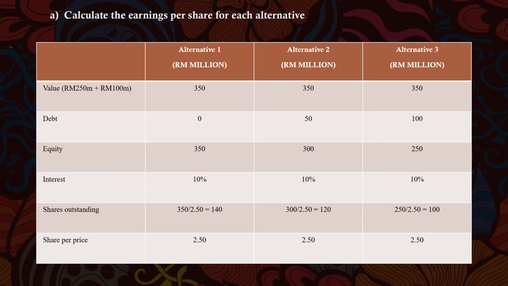350 divided by the price per share, 2 ringgit and 50 cents, and the answer we get is 140 for alternative 1, 120 for alternative 2, and the last one is 100 for alternative 3.